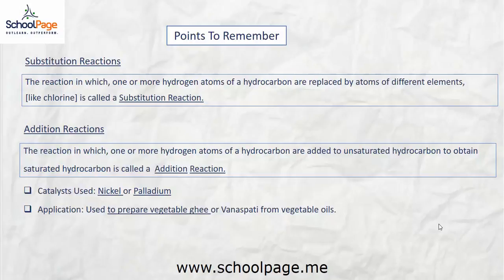Substitution reaction takes place in all saturated hydrocarbons like alkanes, whereas addition reactions take place in unsaturated hydrocarbons with double and triple bonds. Addition reaction occurs in the presence of nickel or palladium catalysts. The major application of the hydrogenation reaction, which is one of the addition reactions, is in the preparation of vegetable ghee or vanaspati.